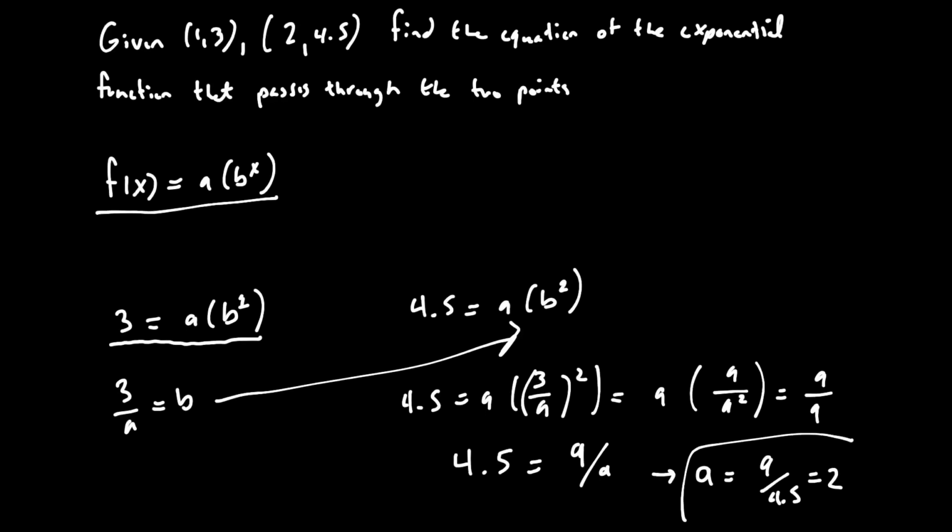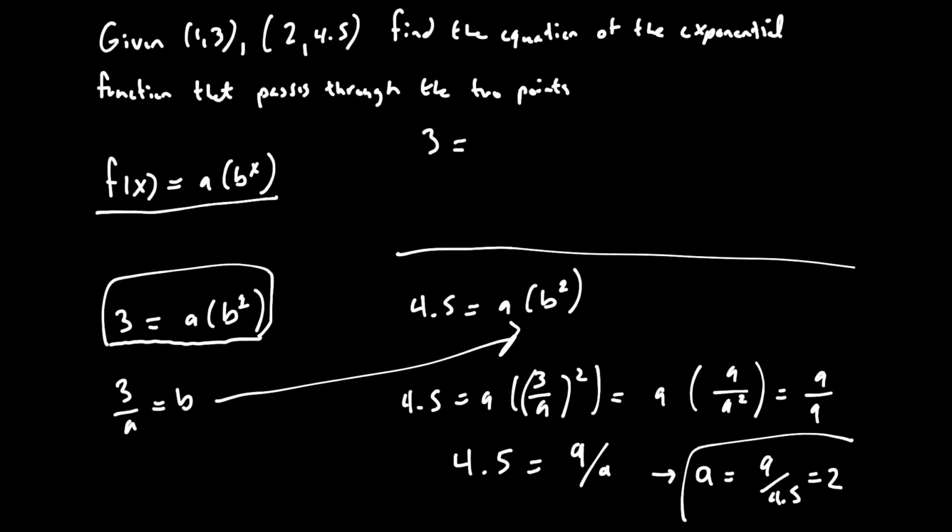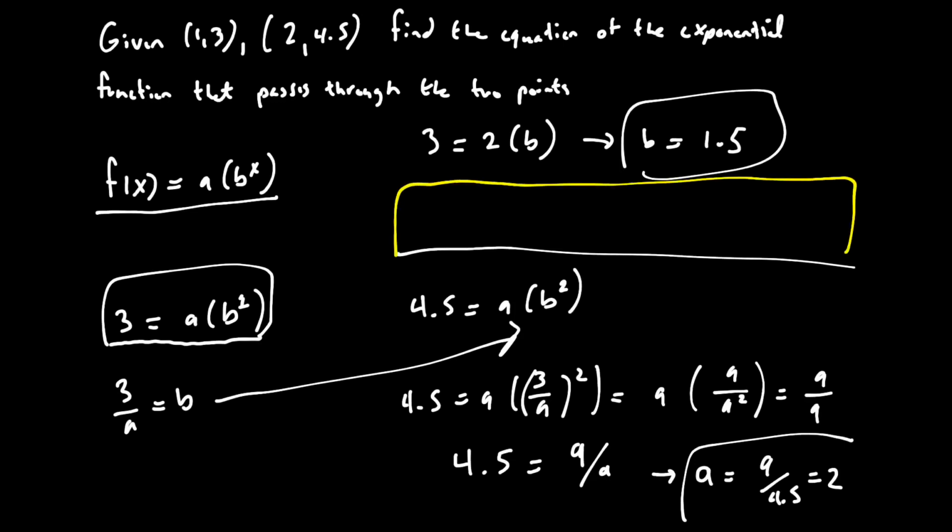So plugging a equals 2 into our first equation again, we'll get 3 is equal to 2 times b, which means that b is going to be equal to 1.5. So we have our b, we have our a, and we just plug this into the general equation, and the solution is that f of x is equal to 2 times 1.5 raised to the x.